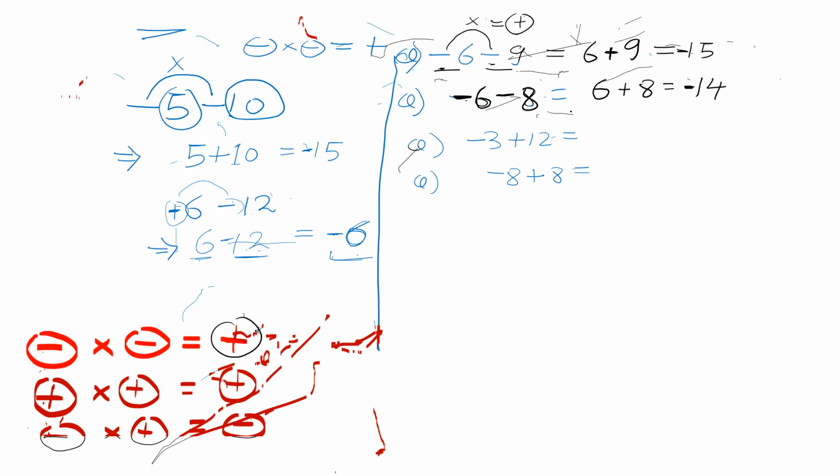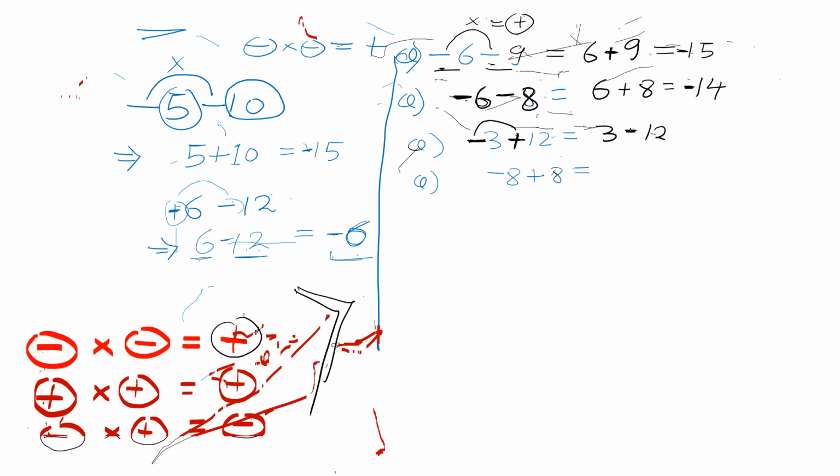Now do the third one. Here we have got a minus sign and here we have got a plus sign. What will happen? These two signs will go under multiplication, between 3 and 12, and it will be a minus sign.